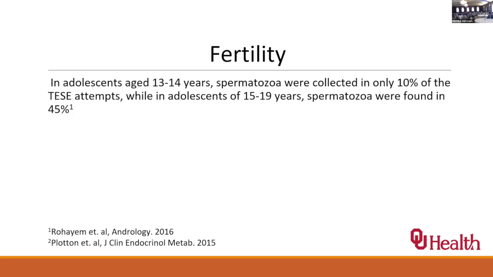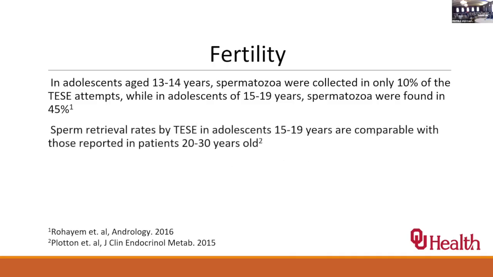However, if we waited a few years, up to age 19, there is a much higher chance of actually getting spermatozoa. And if we look beyond that, up to 30 years of age, rates are very comparable. So as pediatric endocrinologists, it does give us some assurance that we don't have to rush this right away. We can wait in most patients until we get into their 20s if so desired.